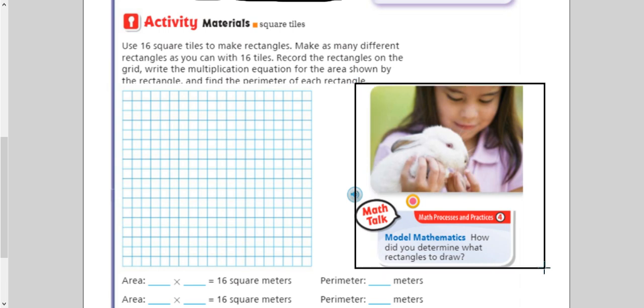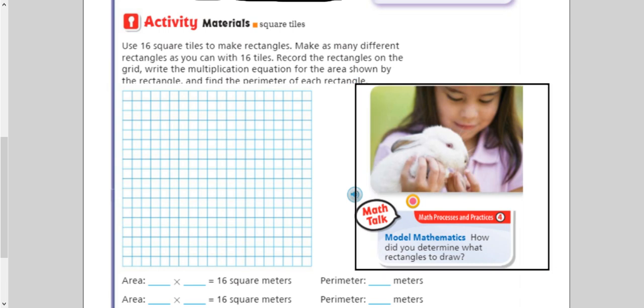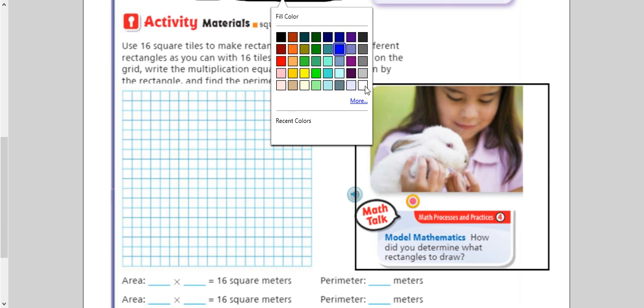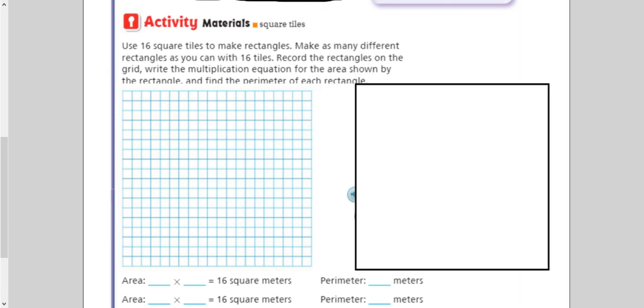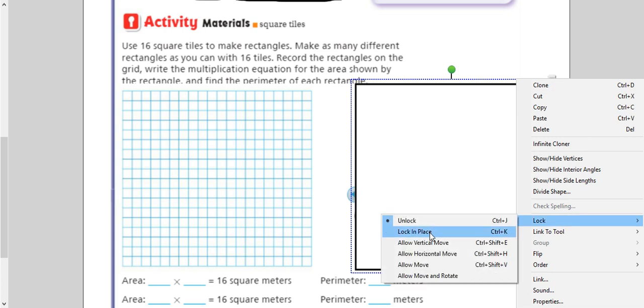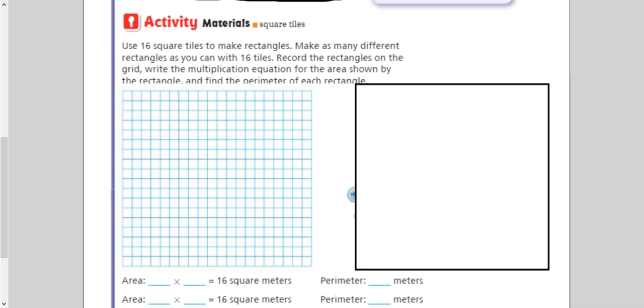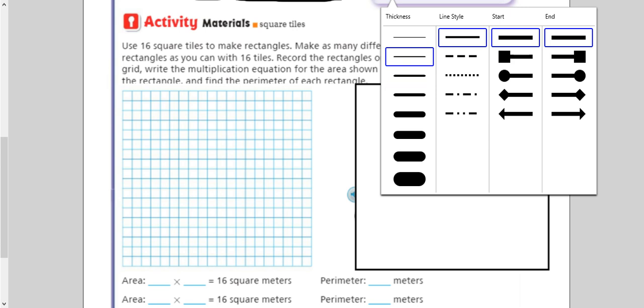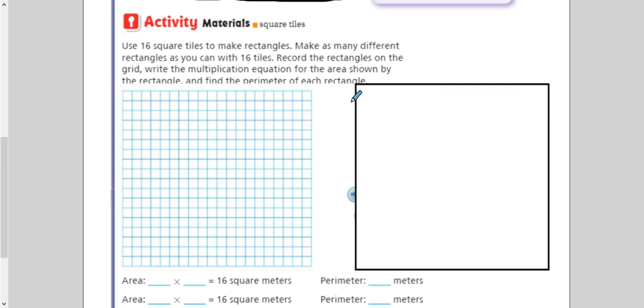So let's go ahead and, there we go. That locked in place, and then we can go ahead and draw right in here. So 16 is our magic number. All right, and so what we are going to do is think to ourselves, what two numbers multiply together give us 16? And so these are called factors.